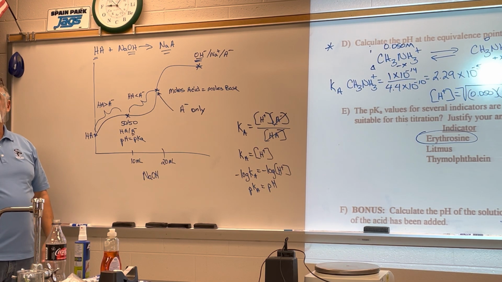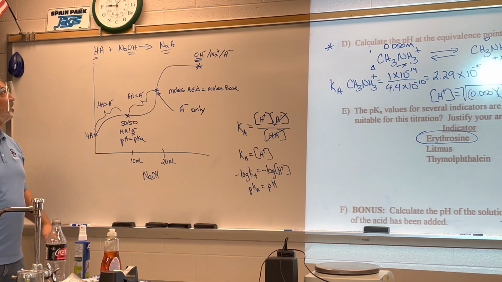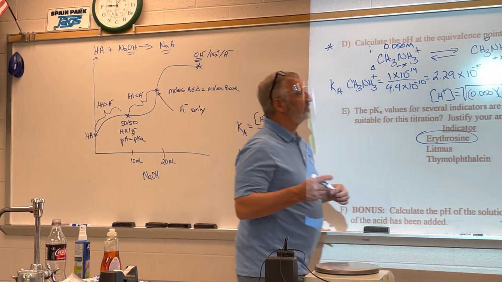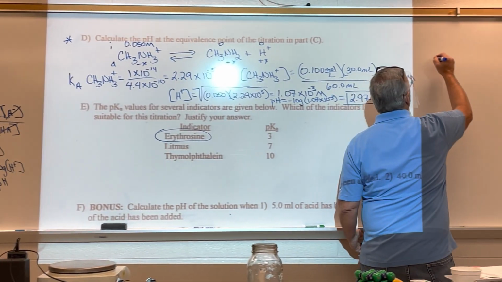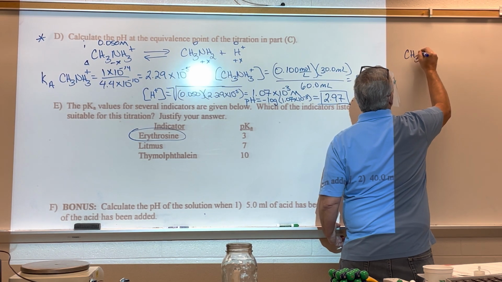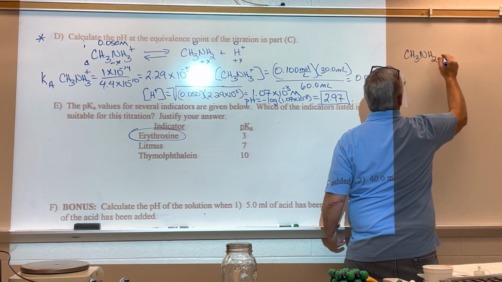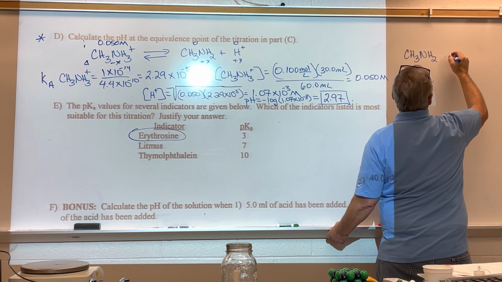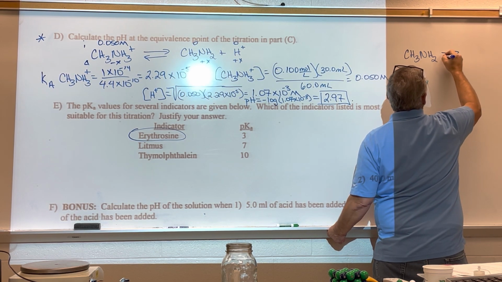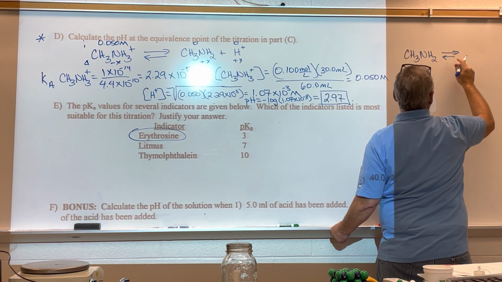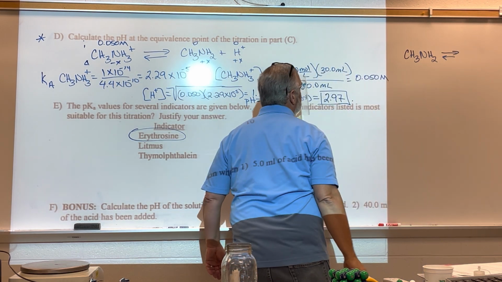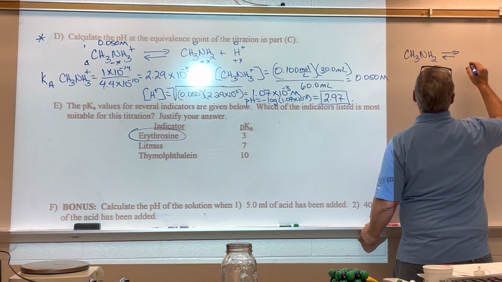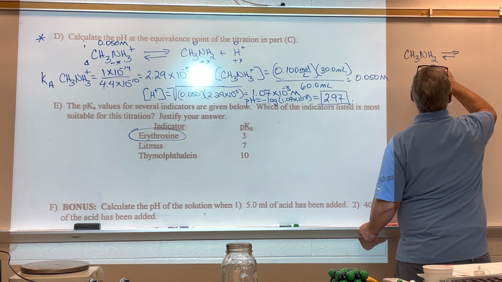For part D, why do you start with the CH3NH3 and not with the base? Because that's the salt. With the aniline, we had CH3NH2, and we were adding acid to it.